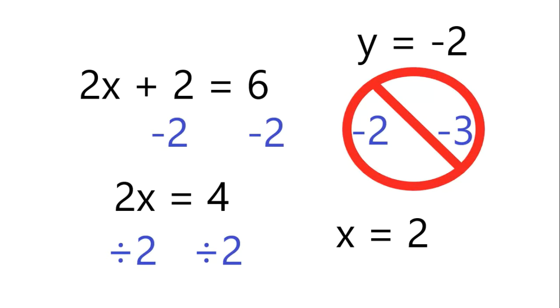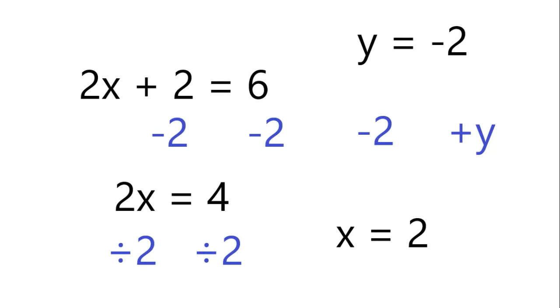So if y is equal to negative 2, we could add minus 2 to one side and add y to the other side of the equation. This would work. Also, minus 2 from one side and subtracting 4 divided by 2 from the other will also work, but just make sure you keep the parentheses.